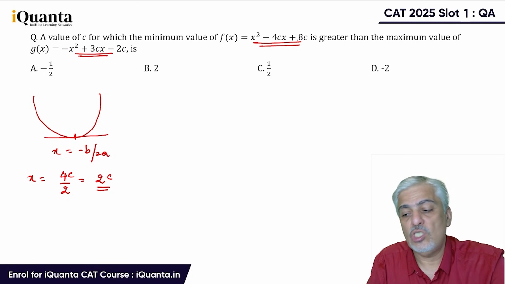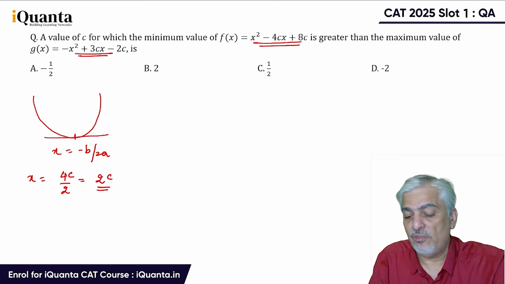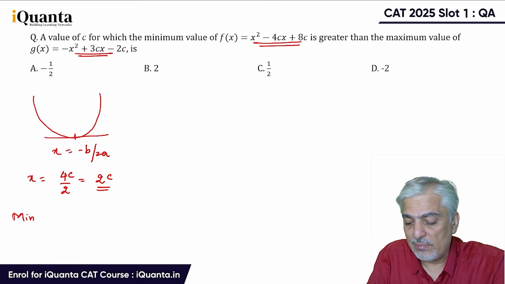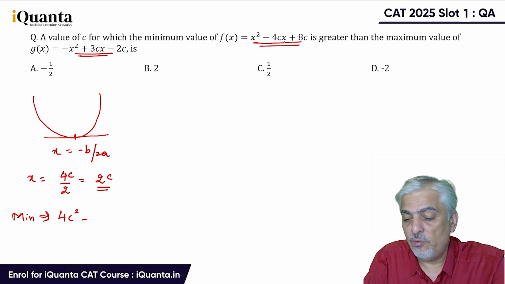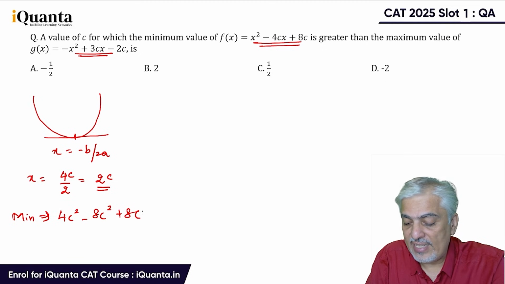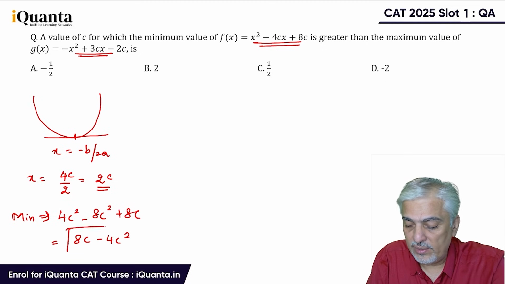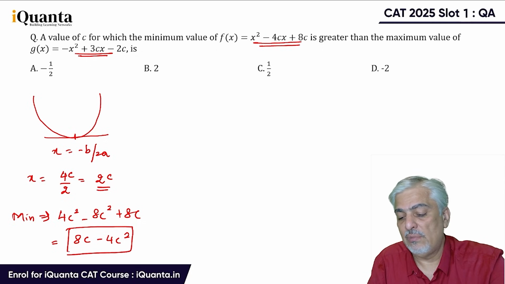Just put x as 2c over here. That will give us the minimum value of the function. Put x as 2c. So (2c) square will become 4c square minus 4c into 2c, that will become 8c square plus 8c. So that will become 8c minus 4c square. Leave it over here. This is the minimum value of the function.